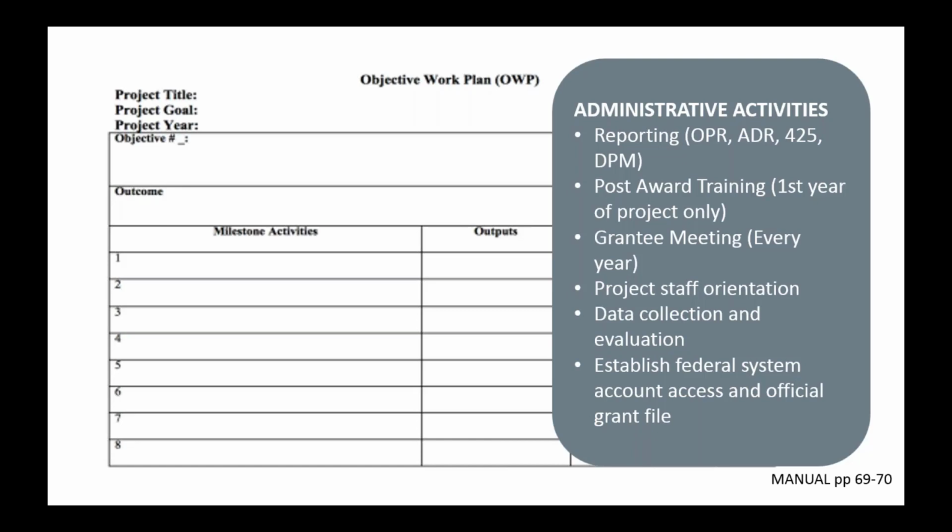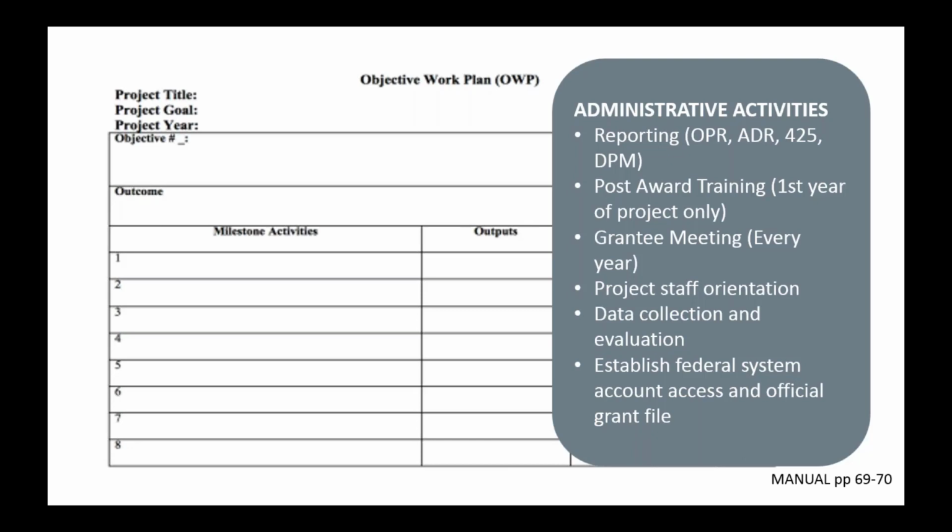When it comes to the administrative activities, you want to list these at the end of your list, after all the milestone activities. A list of administrative activities can be found on page 70.